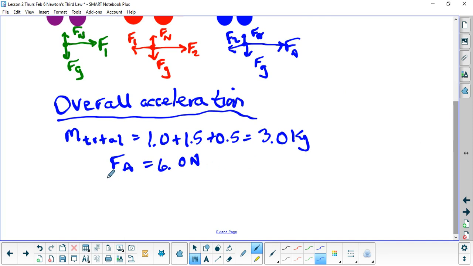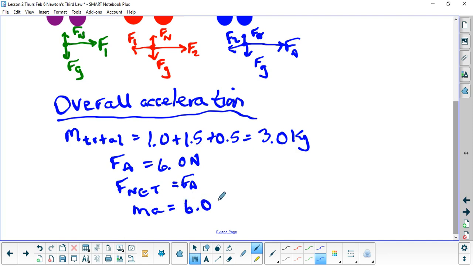So that means in this case, if I look at that overall idea, the net force is going to be equal to that overall applied force of the whole entity, not individual carts, the whole entity. And that means that the mass times the acceleration is equal to that 6 newtons.